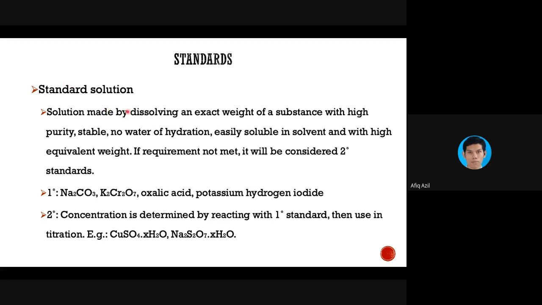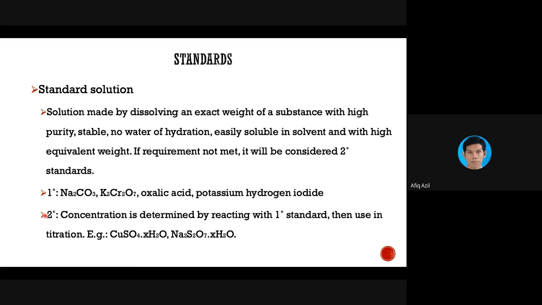These standard solutions are made by dissolving an exact weight of a substance, but that substance must have very high purity. It needs to be stable and best to be anhydrous, without any water or solvated water. If these requirements are not met, then it will be considered a secondary standard.